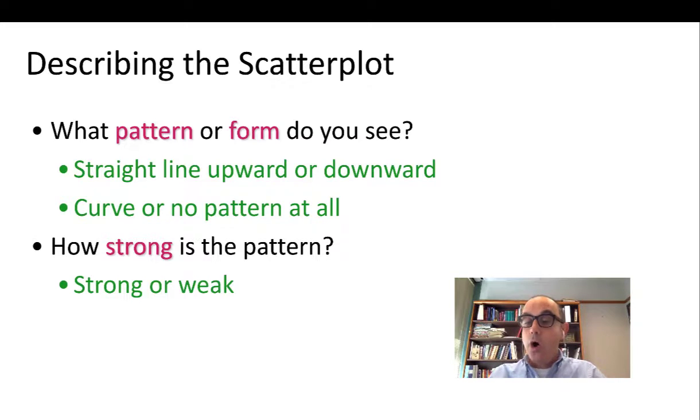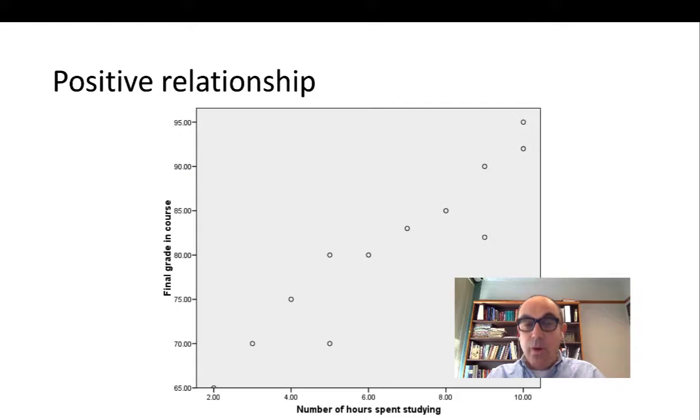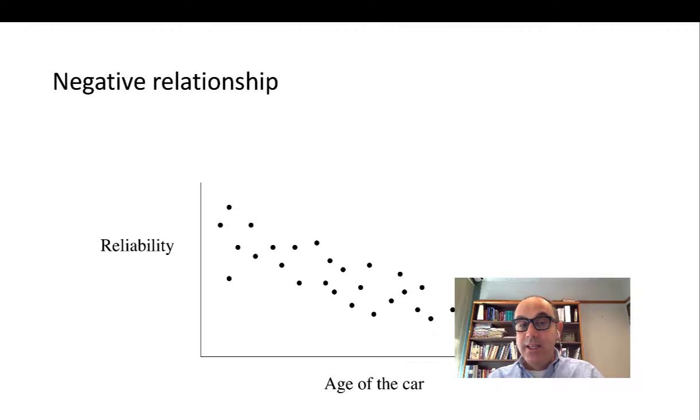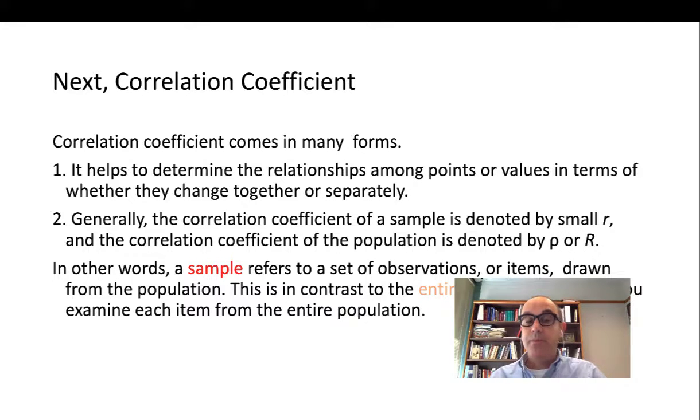Is it weak or is it strong? And are there unusual observations? Are there outliers? This is important. Again, we are trying to see if there is a positive relationship, a negative relationship, or no relationship whatsoever. And in this case, there is no relationship.